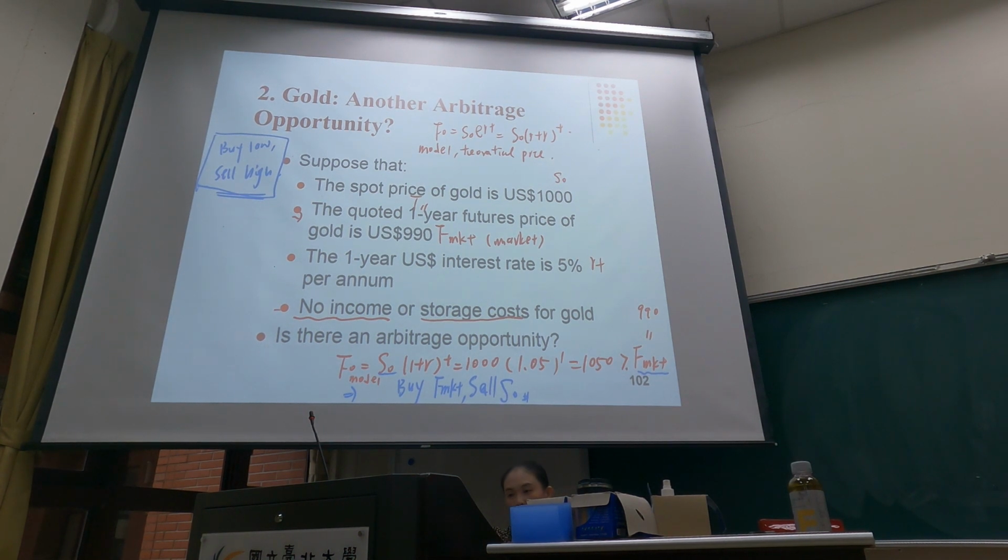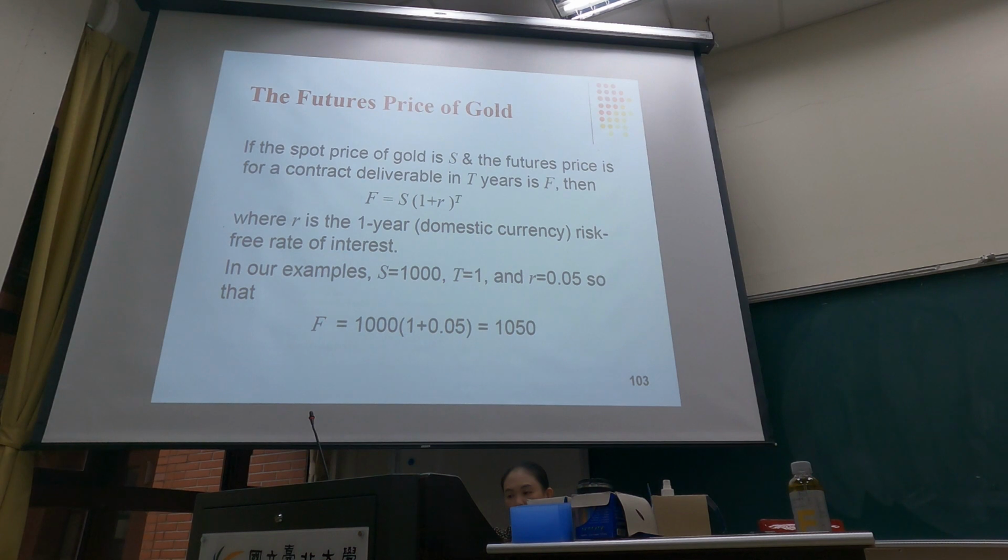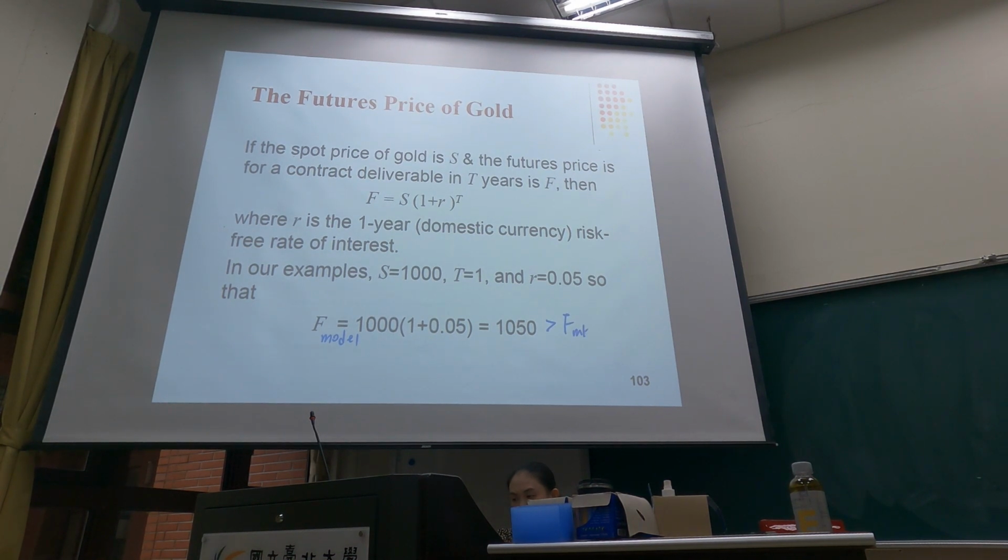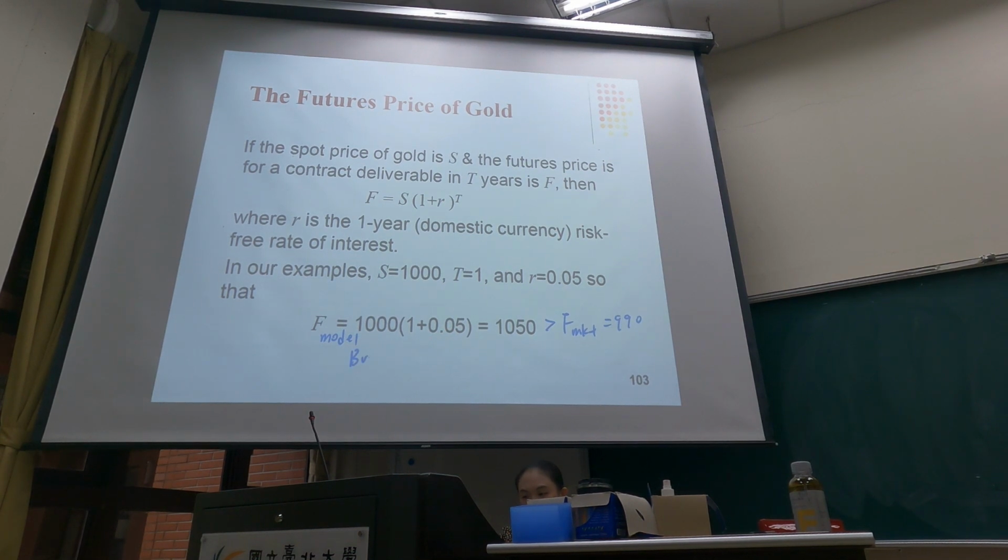Okay, so we can see another example here. Here is the same thing. I'll just quickly write down: the model is higher than F market, which equals 990, right? So you buy F market, sell S0, okay?